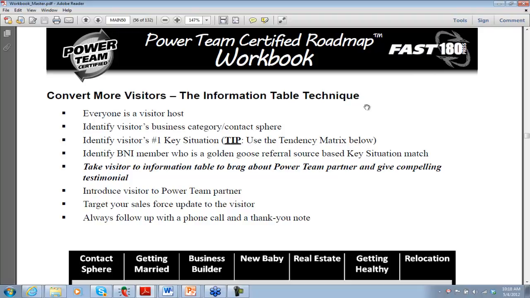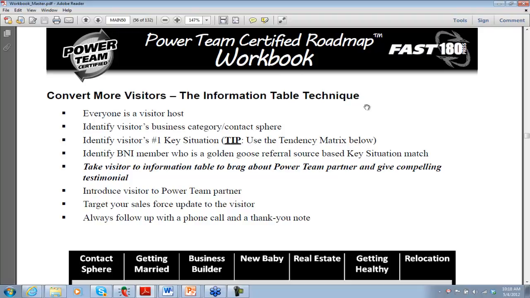Other than that, we really want to treat each visitor very well. We want to make them feel welcome and special. And so the information table technique starts with you understanding that everybody's a visitor host. So picture the BNI meeting and a visitor walks in.